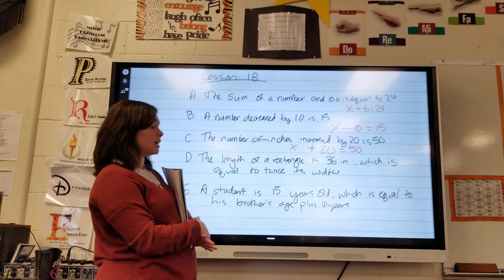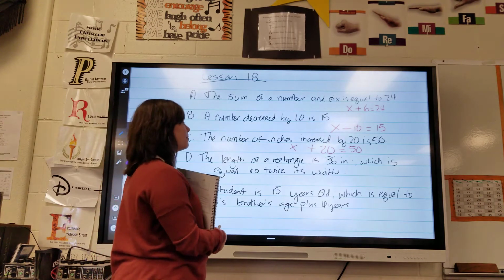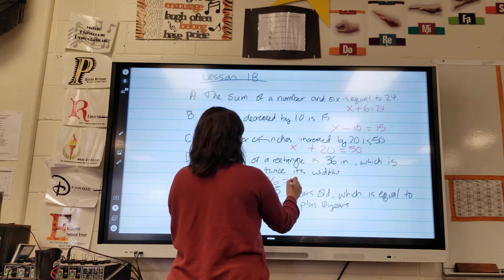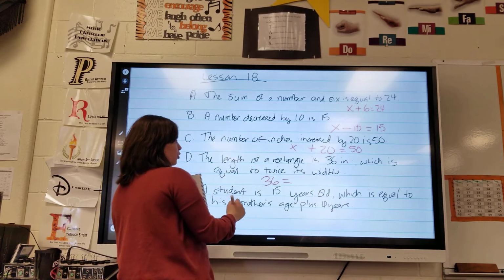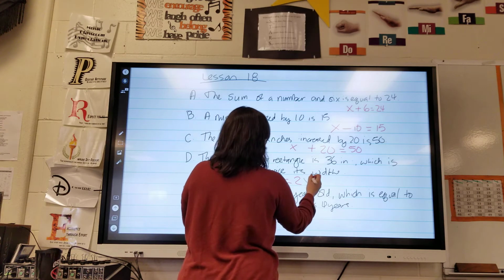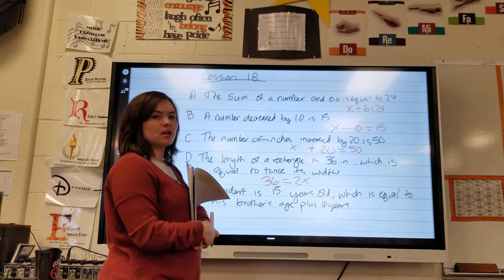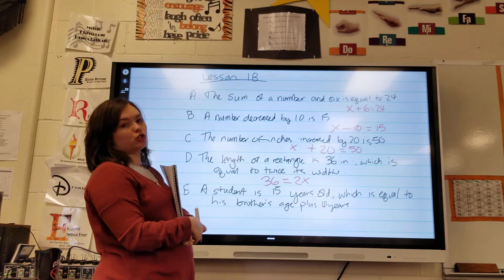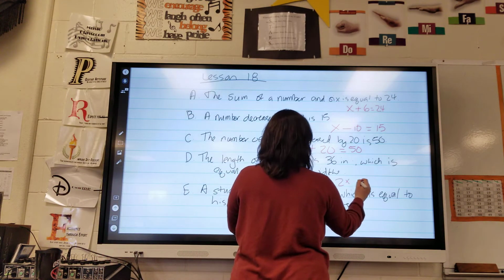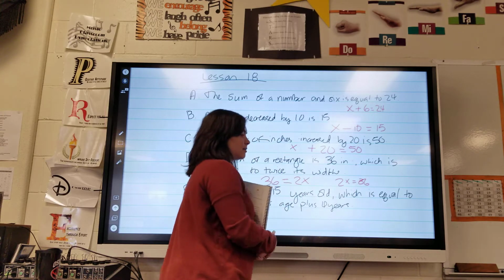So big thing here, it starts with a number, 36. Says it's equal, which is equal to 2 times, twice its width, but we don't know what its width is. 36 equals 2x. Another way of writing it, 2x equals 36. Both are correct.